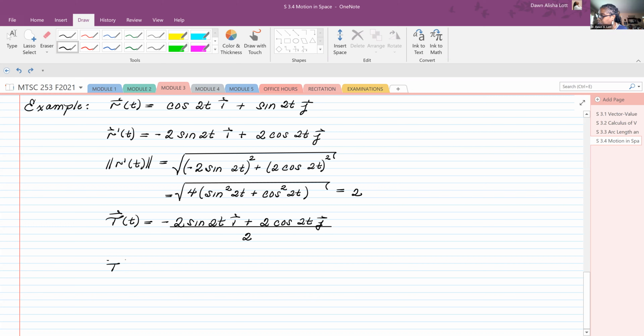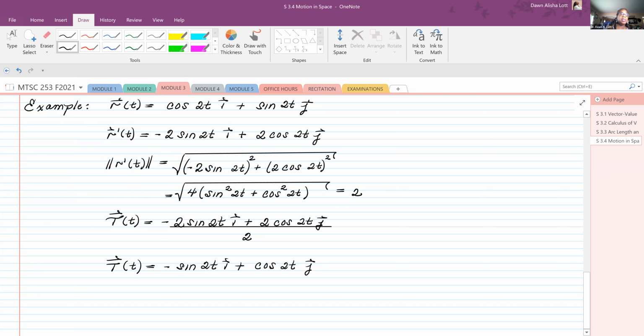So T of t turns out to be negative sine of 2t i plus cosine of 2t j.